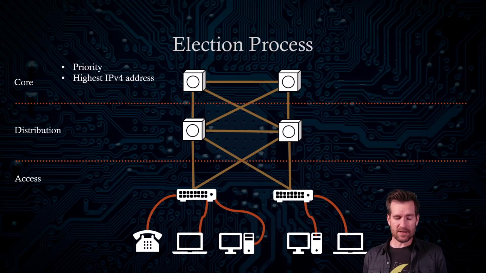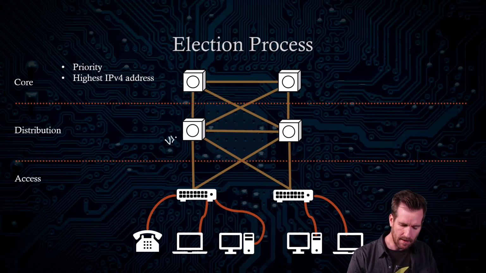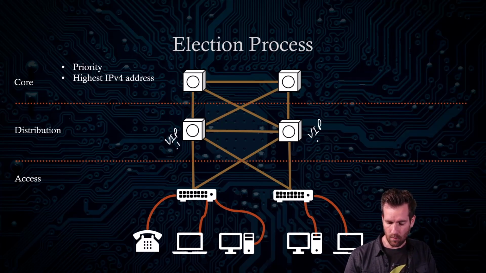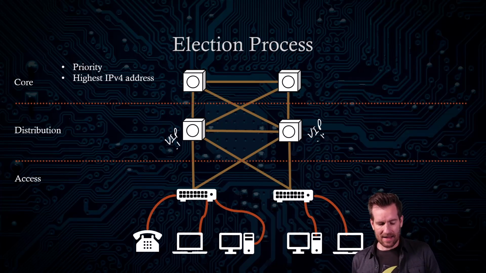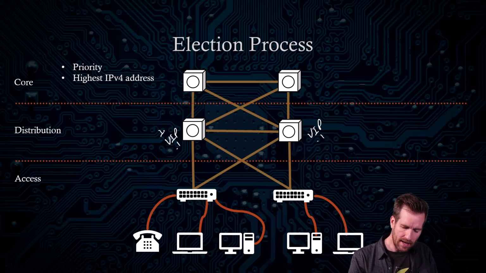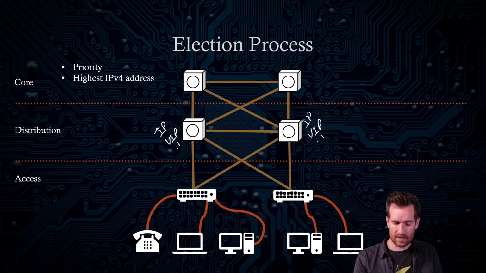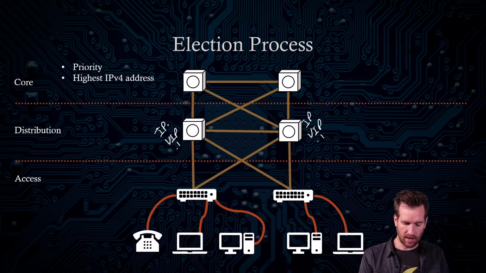As we mentioned, when we set this up, we set it up with a virtual IP address. And let's say that virtual IP address for this VLAN 10 is .1 for each one of those. And we also set it up with a regular IP address, so we still need to do some communication to it when it's not the default gateway. So let's say this one's .2 and this one's .3.